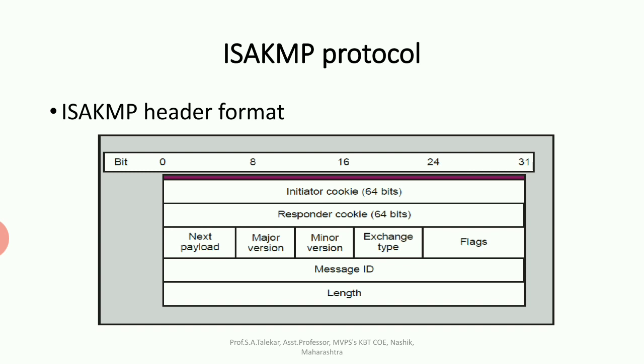Now we'll see the ISAKMP protocol in detail. First of all, the ISAKMP header format. You can see in this header format there are many fields: initiator cookie, which is 64 bits, responder cookie, 64 bits, next payload, major version, minor version, exchange type, flags, message ID and length.